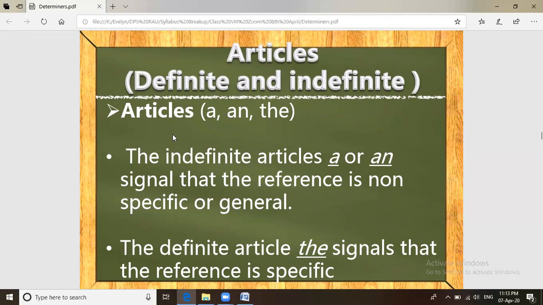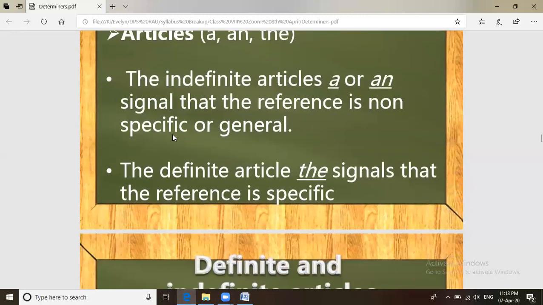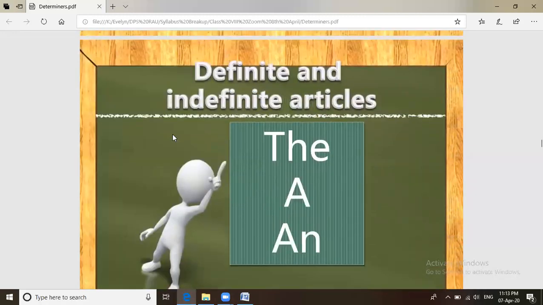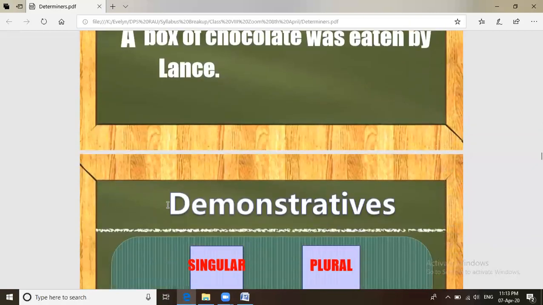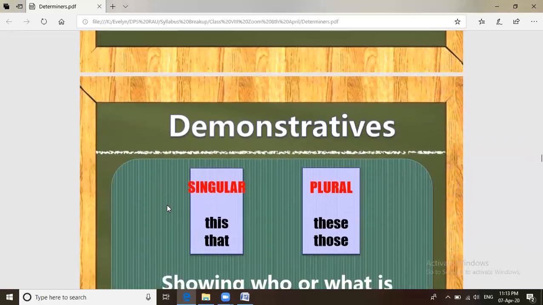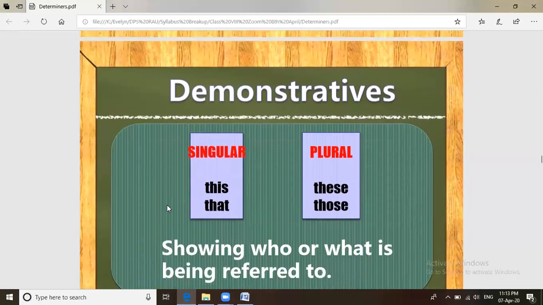And the definite article points towards a specific object or a thing or a noun. The examples: the visitors are coming. A box of chocolate was eaten by Lance. So the and a here are articles, which are determiners.